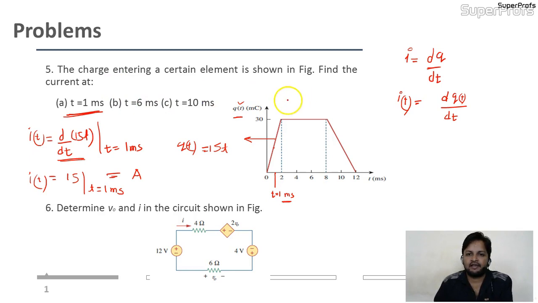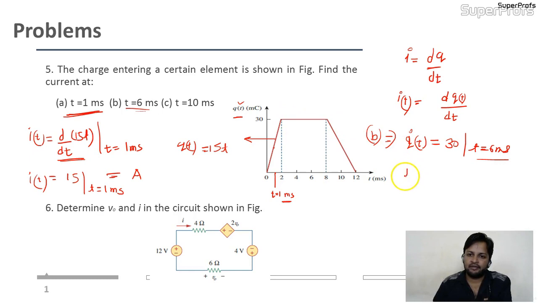Now come to the second question. Again, find out the current at t equal to 6 millisecond. In the second question, the value of charge at t equal to 6 millisecond is nothing but 30. At t equal to 6 millisecond, what is the value of charge? Yes, it's 30. So tell me the current.